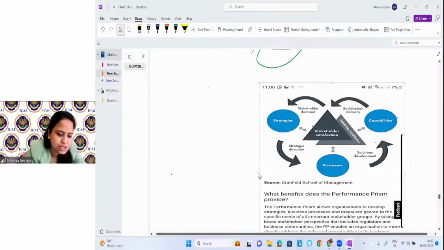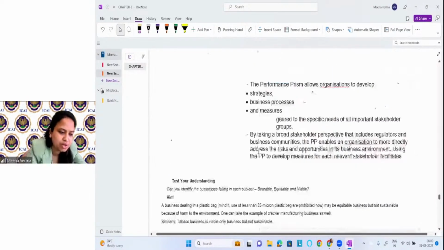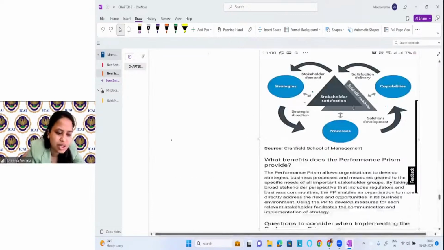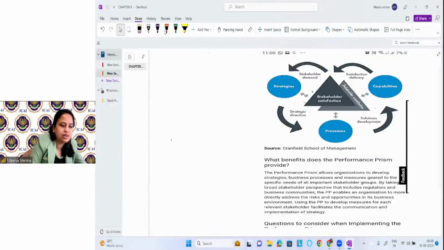Always remember, performance pyramid is a different model and performance prism is a different model. They are not the same thing, right? Keep it in mind. Here we are considering the performance prism.